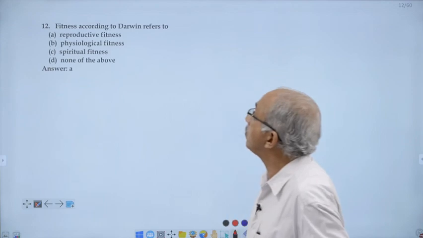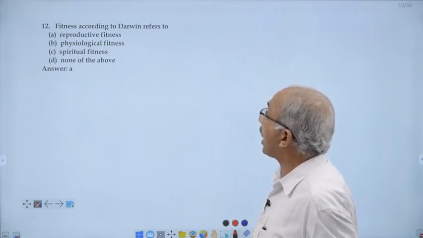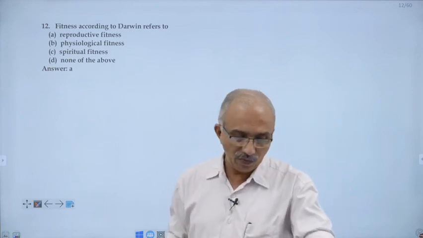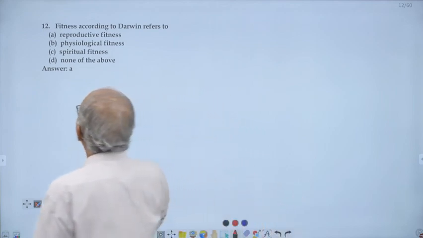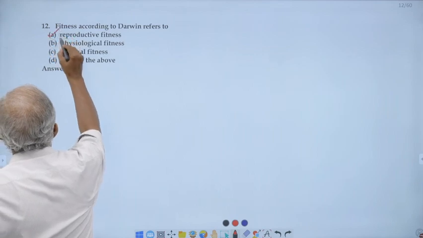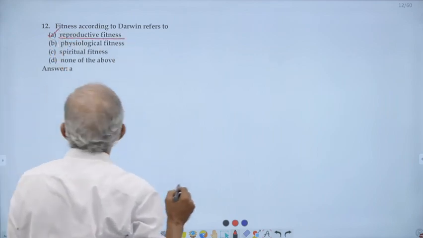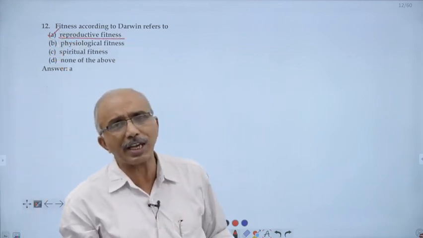Next. Fitness according to Darwin. By fitness, Darwin meant reproductive fitness, not physical or physiological fitness.